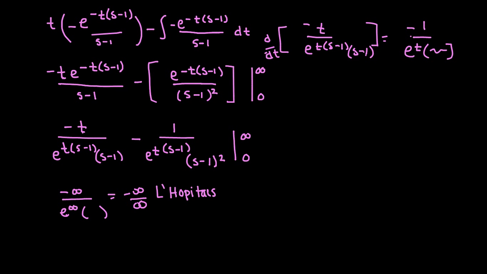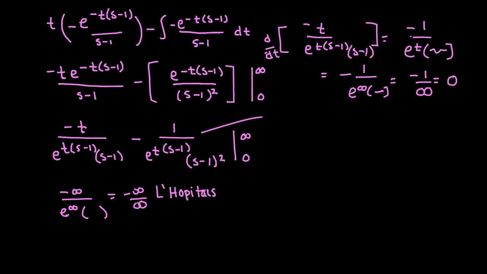It doesn't really matter what the rest of this is because I'm just plugging in infinity for this term. Plugging in infinity for t, you're going to get negative 1 over e to the infinity times some number, which simplifies to negative 1 over infinity. And whenever you have negative 1 over a number that gets increasingly larger, it's just going to come to 0. So that is plugging in infinity for that left-sided term.